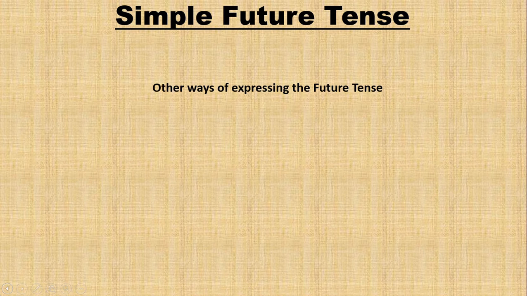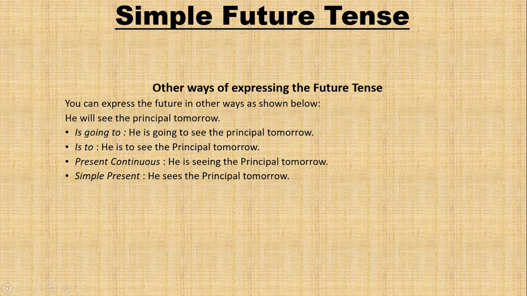Now, other ways of expressing the future: you can express the future in other ways as shown below. He will see the principal tomorrow. Let's use is going to. He is going to see the principal tomorrow. This is also future tense.